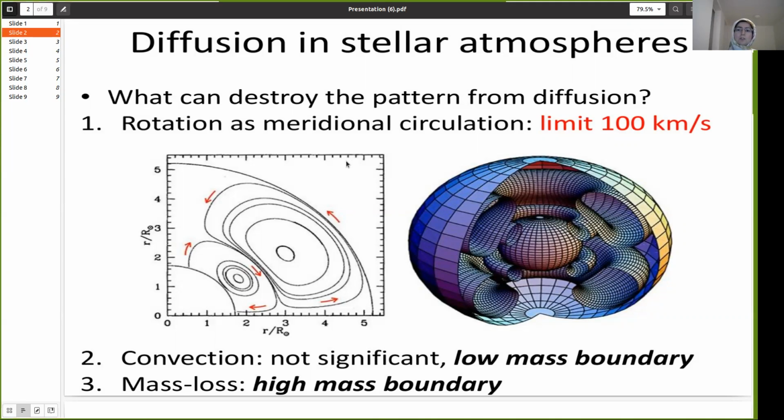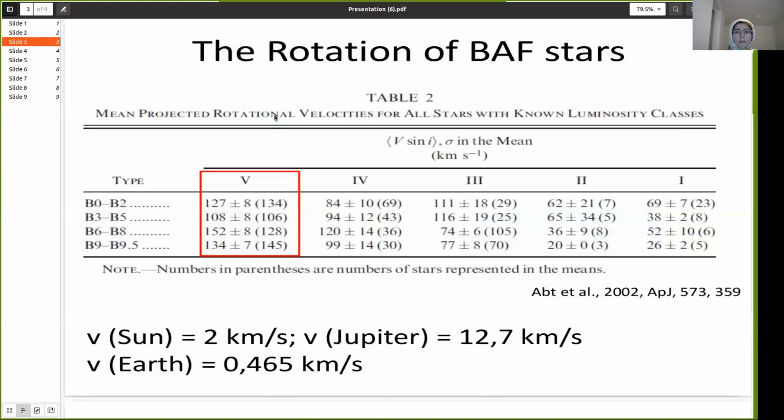For upper main sequence or CP stars, as I explained, CP stars means chemically peculiar stars. And in here, you see, for the Sun the rotation is 2 kilometers per second.